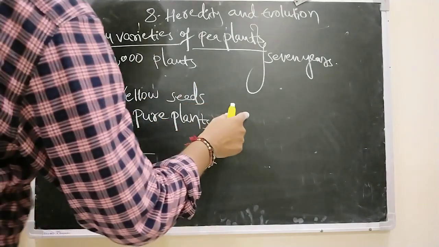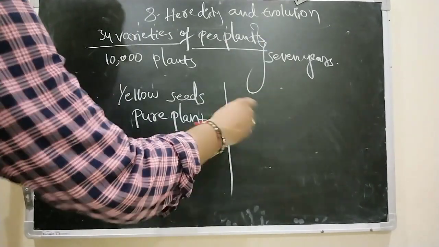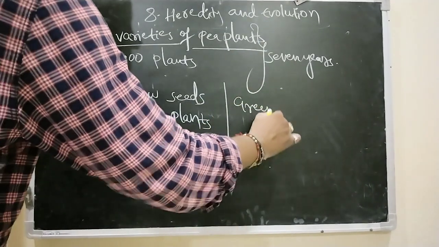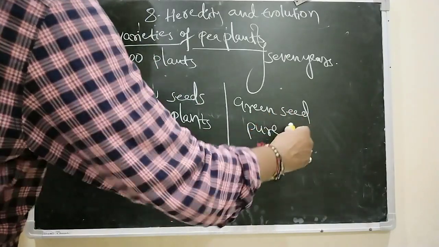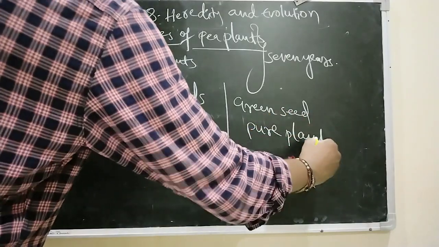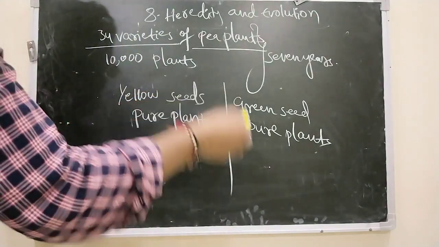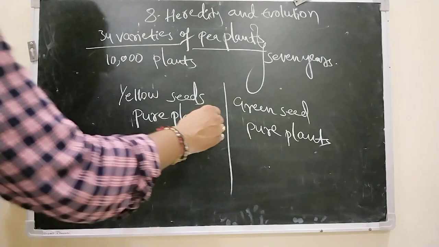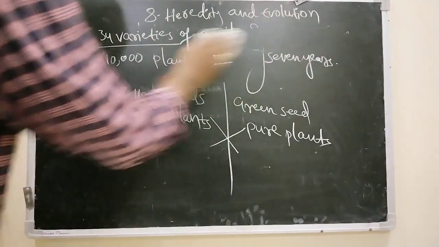And with confirmation, he also grew plants which give green seeds, and he called them pure green color seed giving plants. Like this he did. While starting the experiment, he cross-pollinated both plants.